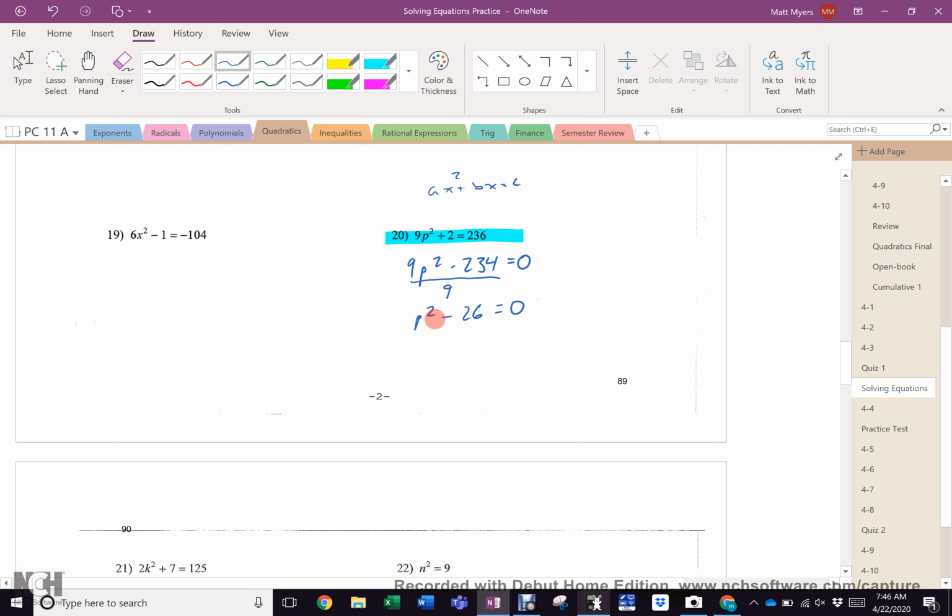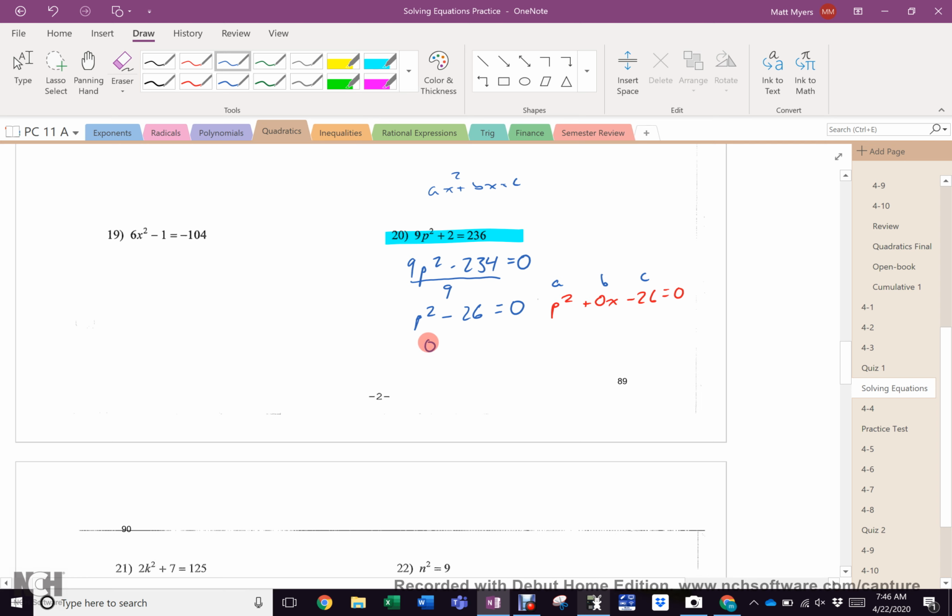Now, when we're doing this one, because there's no linear term, this is just p squared plus 0x minus 26 equals 0. And there's my a, my b, and my c.